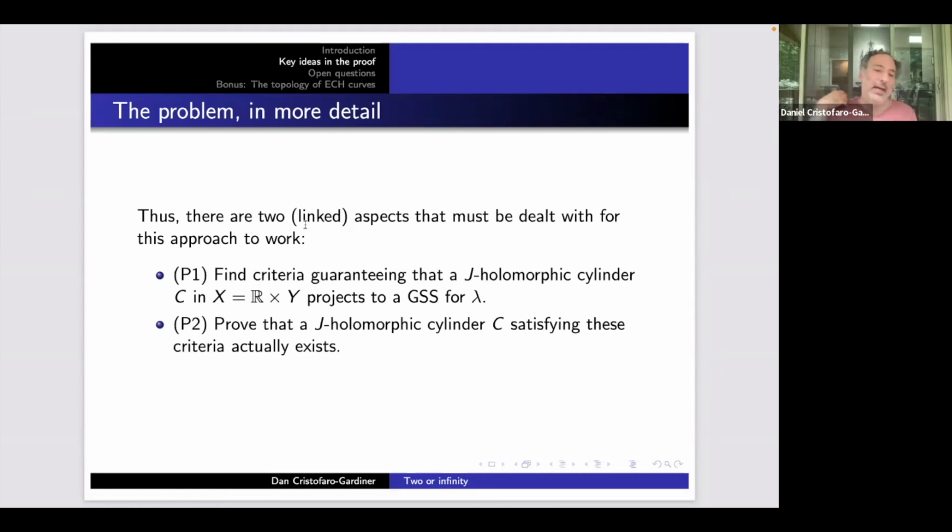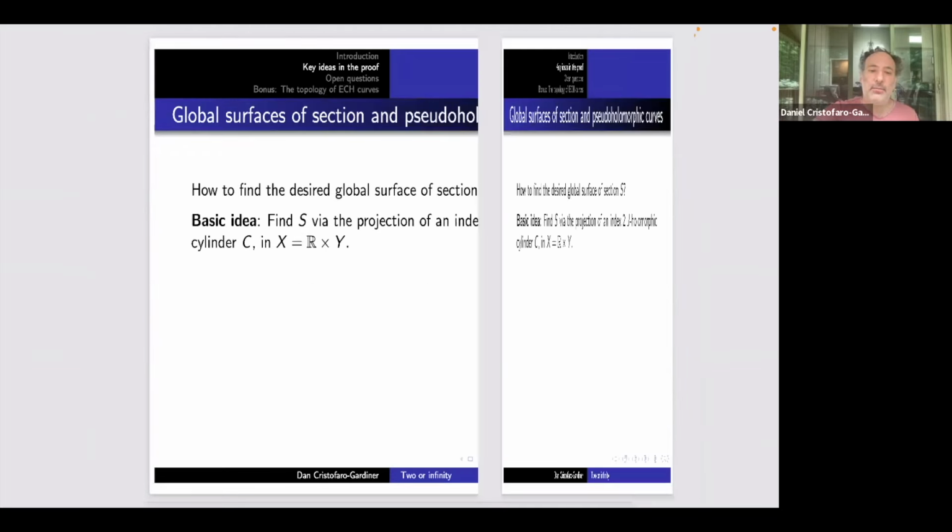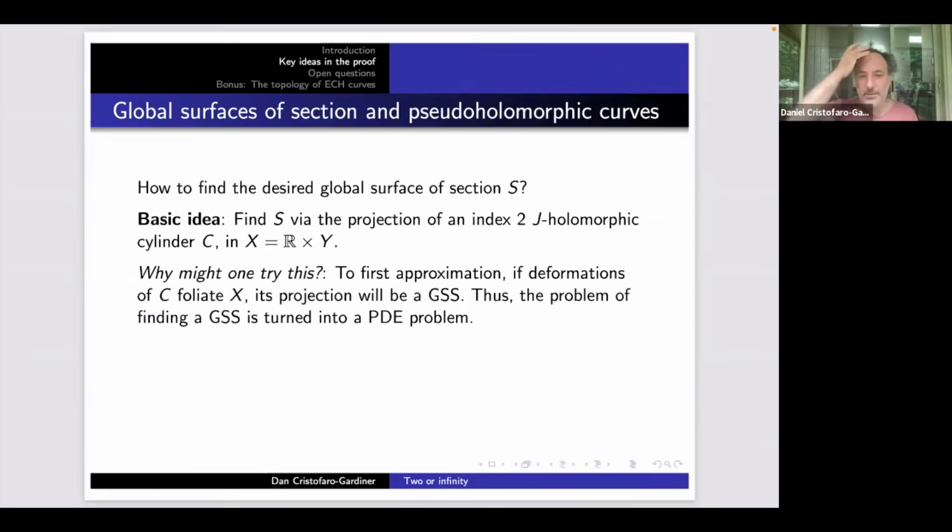So if I just have a J holomorphic cylinder in R cross Y, there's no reason to think that it would project to a global surface of section. Even in my first approximation here, I want something like the deformations of the curve to foliate the four manifold.